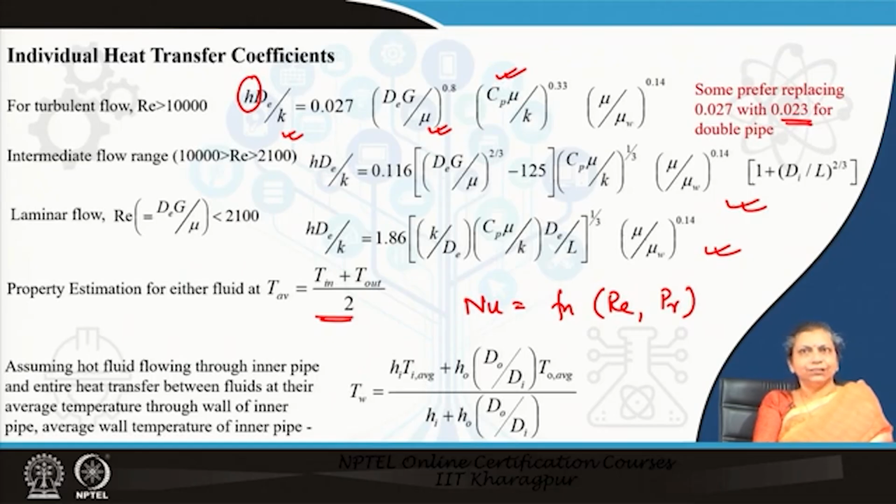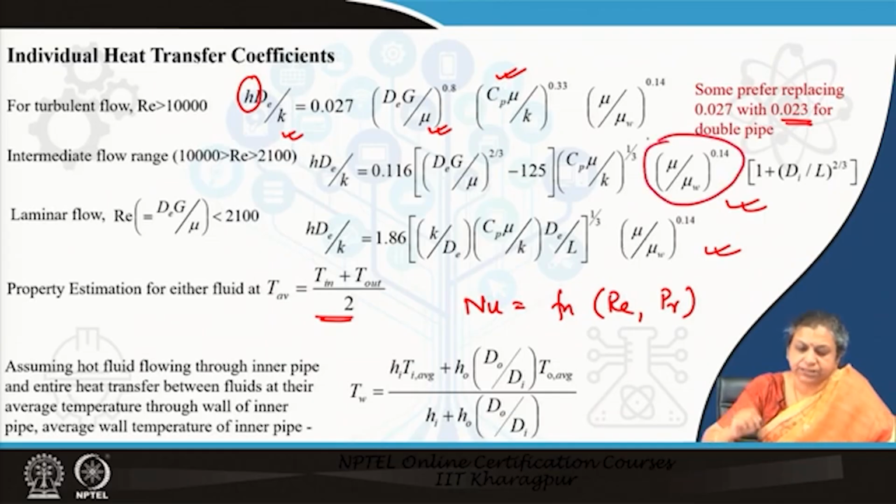Under that condition, we find that the viscosity of the liquid close to the wall will be different from the viscosity of the bulk liquid. And under that condition, we require another additional correction term to the standard equation for Nusselt number.